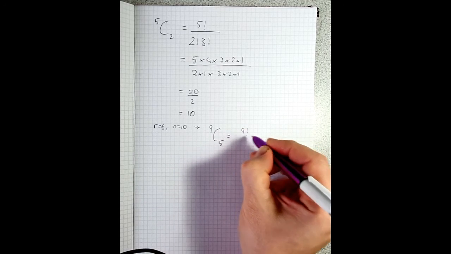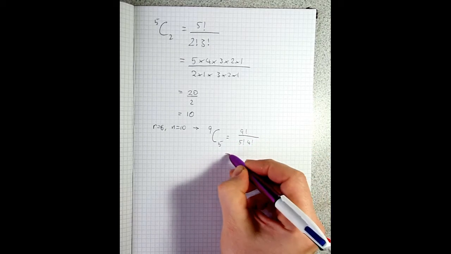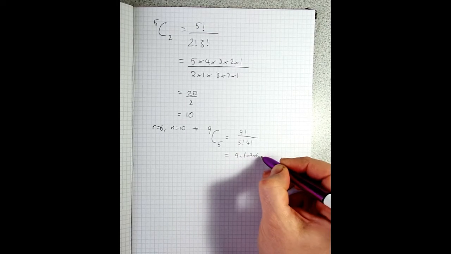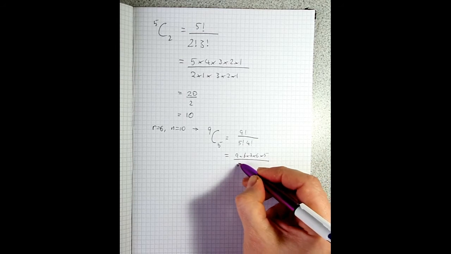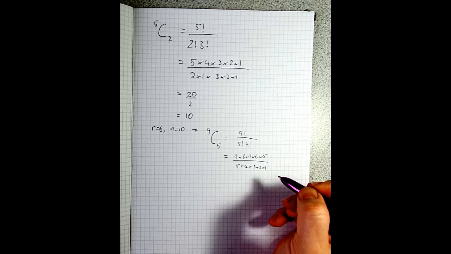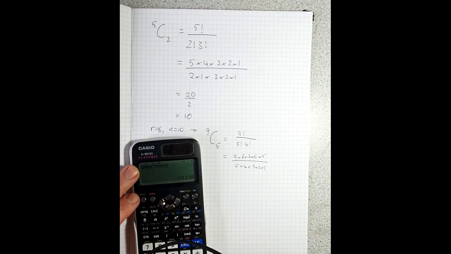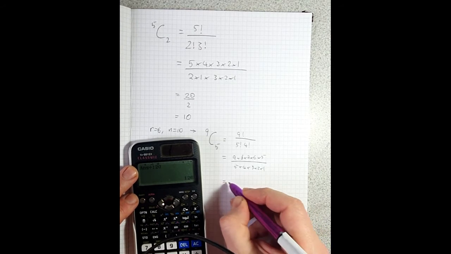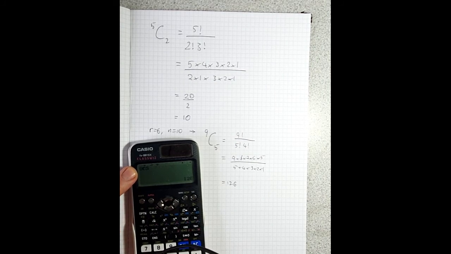So 9 factorial over 5 factorial, 4 factorial is going to leave me 9 times 8 times 7 times 6 times 5 over 5 times 4 times 3 times 2 times 1 divided by, I know 5 factorial, 126, or indeed 9c5, 126.